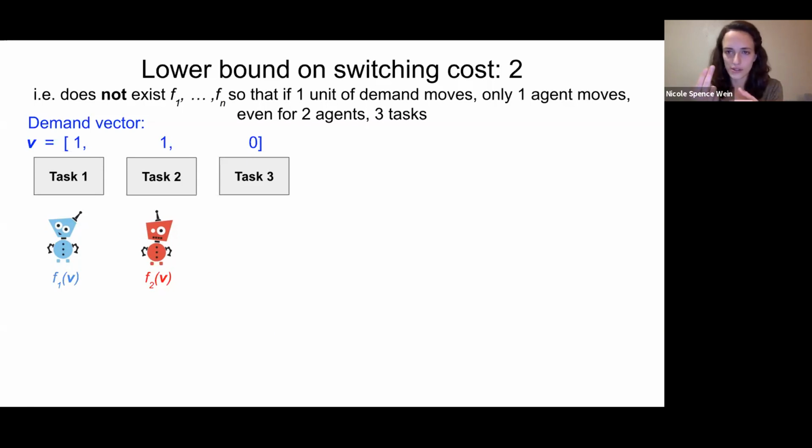So the lower bound is that it's at least 2. What this means is that we're going to show that there do not exist a set of functions so that if 1 unit of demand moves, only 1 agent moves, even if your number of agents is only 2 and your number of tasks is only 3.